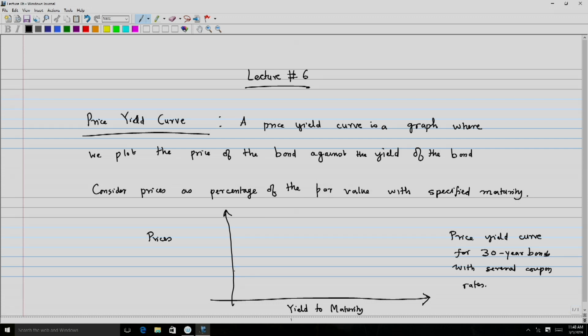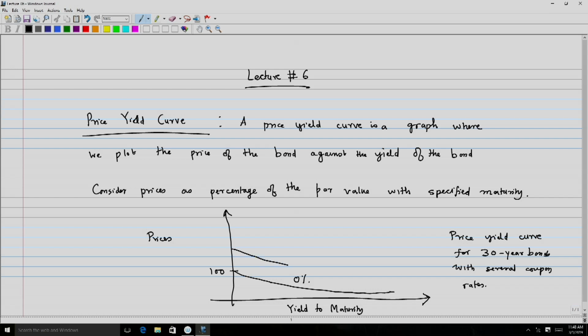So, first let us look at a graph when the coupon is 0%. In this case at initial time point the price is basically going to be 100%.